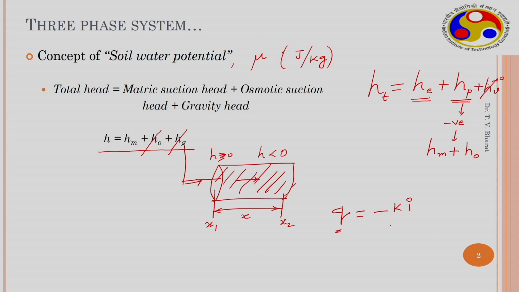The water flux is proportional to the hydraulic gradient. We have earlier seen that we can utilize the hydraulic gradient provided we use total head, so dH by dx is the gradient, and here H indicates the total head.